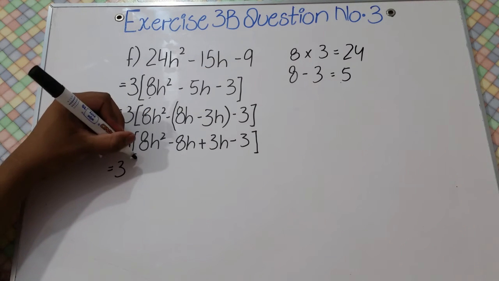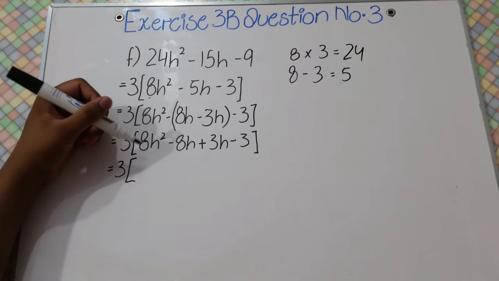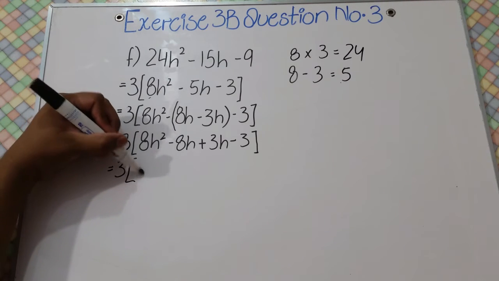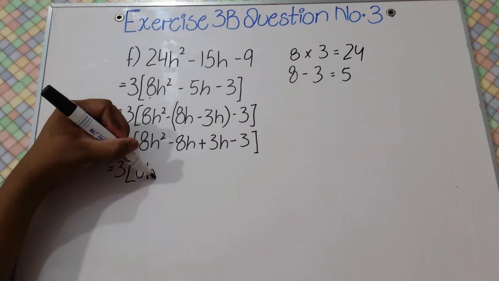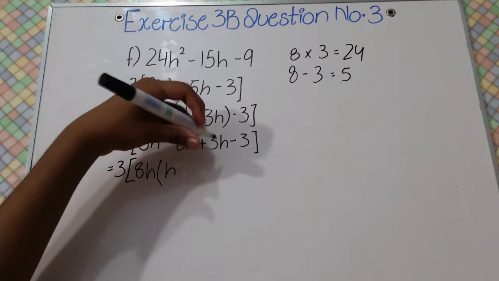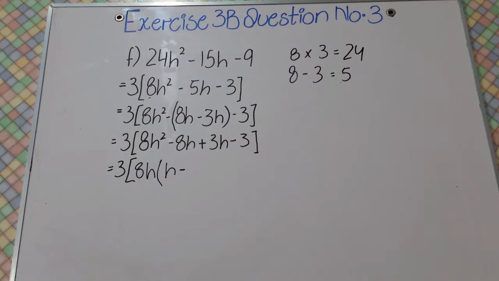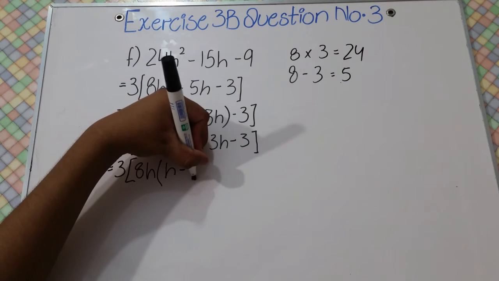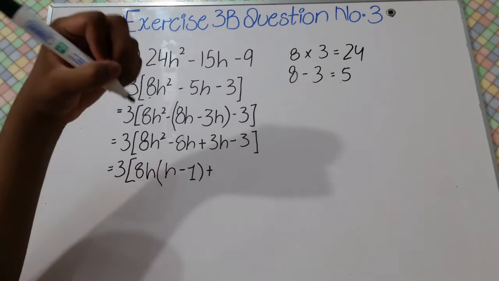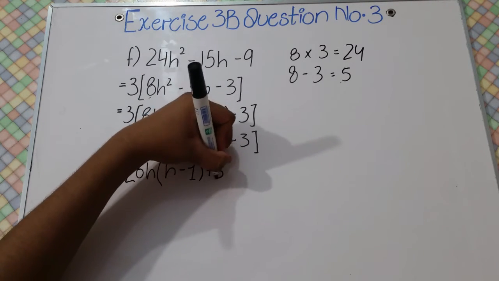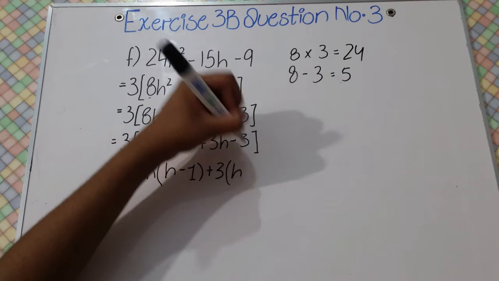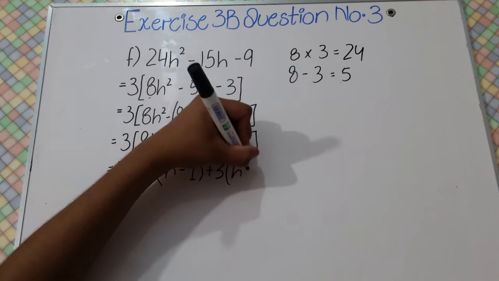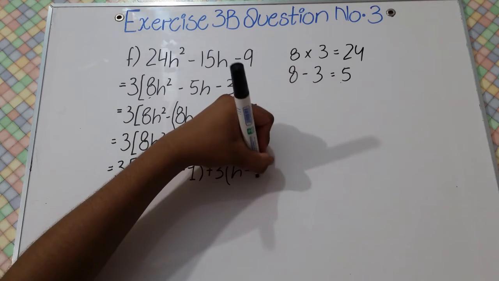Now 3 is still the common, we are going to take the brackets, so 8 and 8 means 8 is the common and h is also a common, so h inside and minus 1, plus over here 3h minus, plus minus is minus, so the sign would be the same, and 1.